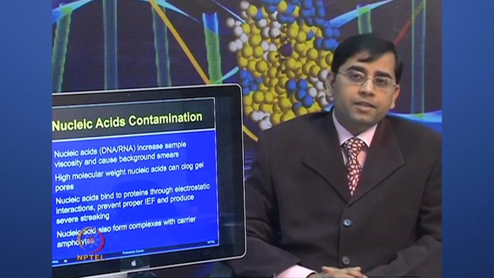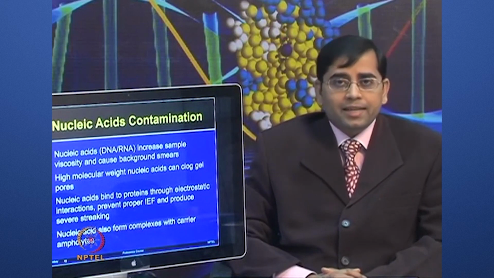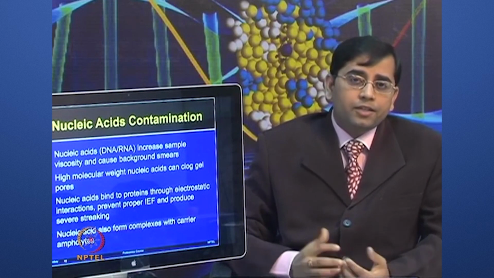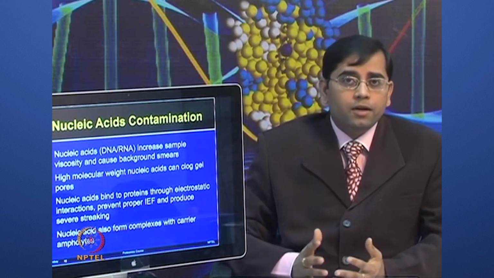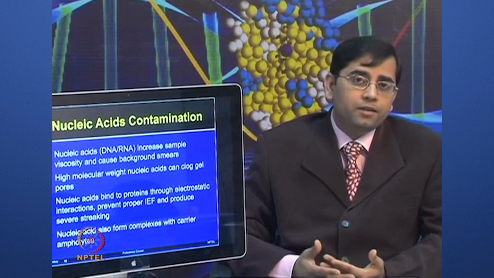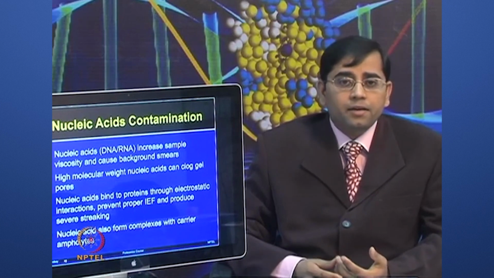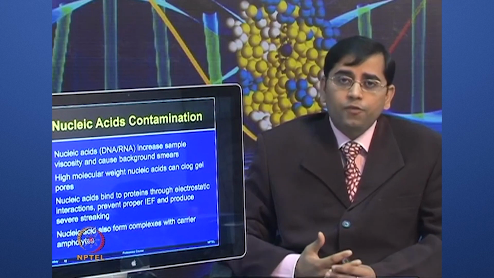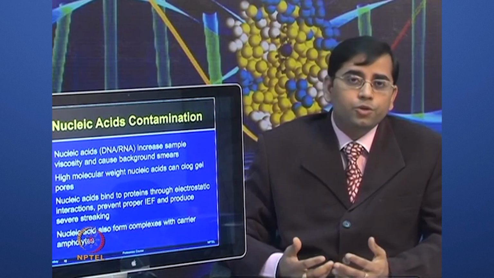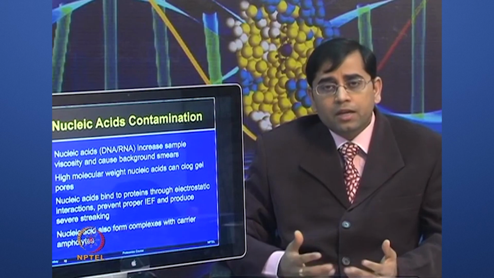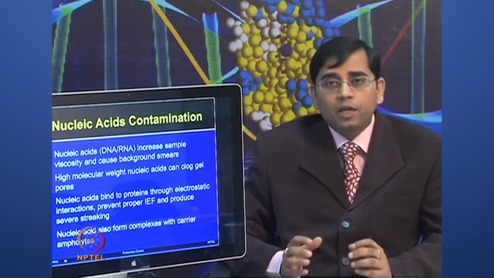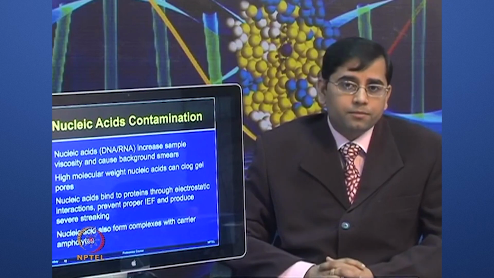Then there are nucleic acid contaminations. Nucleic acids, whether present in trace amounts or in larger amounts in the protein extract, can increase the sample viscosity, and later on if you are separating the proteins on two-dimensional electrophoresis gels, it is going to show background smear or different types of streaking.